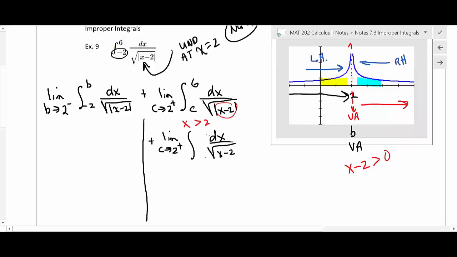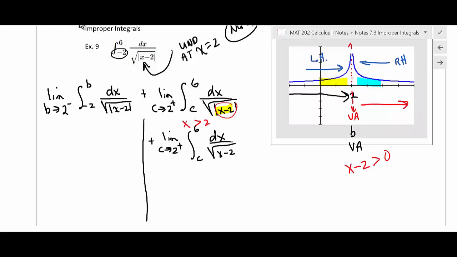In other words, we just ignore the absolute value, because we know that's positive. Tell me if that makes sense, honestly. Is everybody with me on that? So you don't need the absolute value. We know it's positive, so forget it.